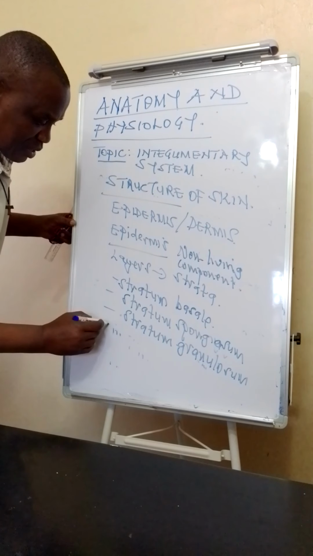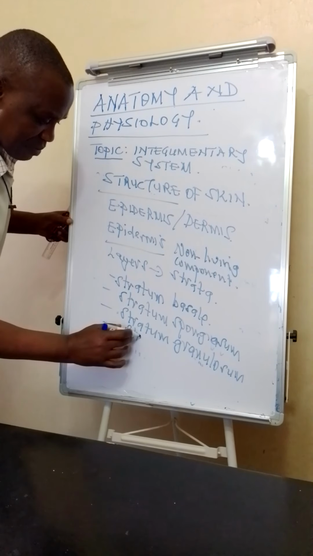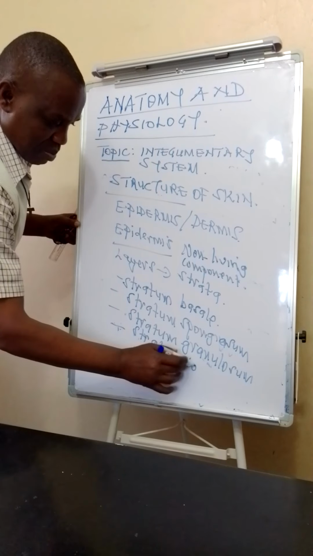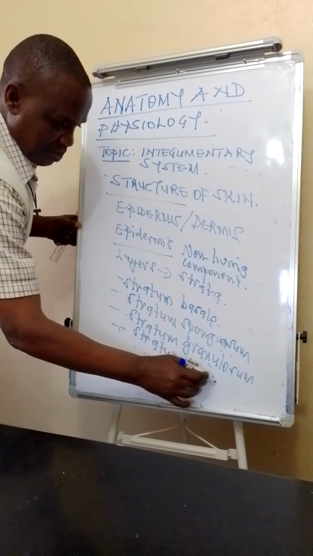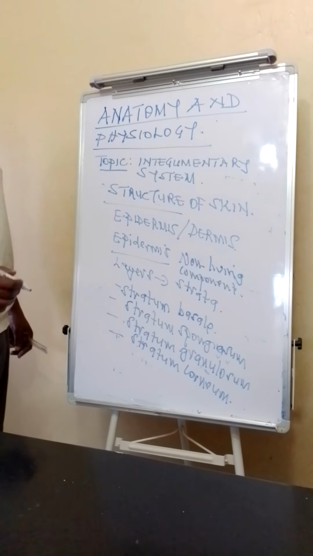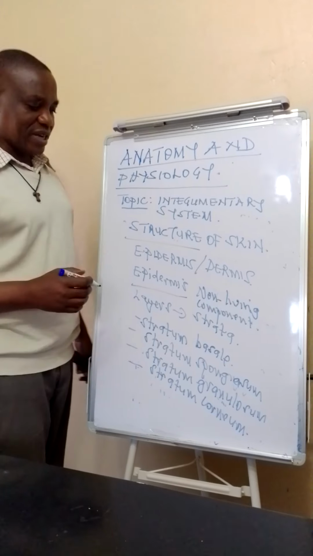Then towards the upper part, you have stratum corneum. So these are the different layers in the skin epidermis.